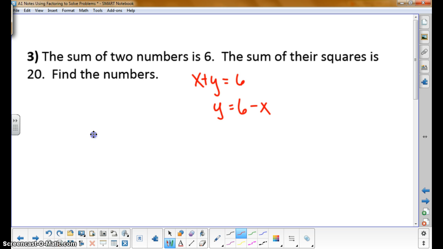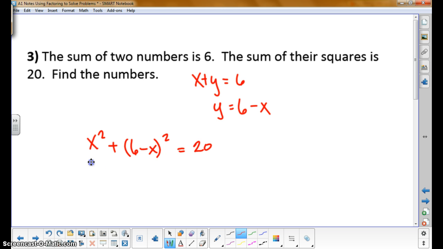The square of the first one is x squared. And the square of the second one would be y squared, but we've already found y in terms of x. So I'm going to say (6 minus x) squared. So the sum of their squares is 20.